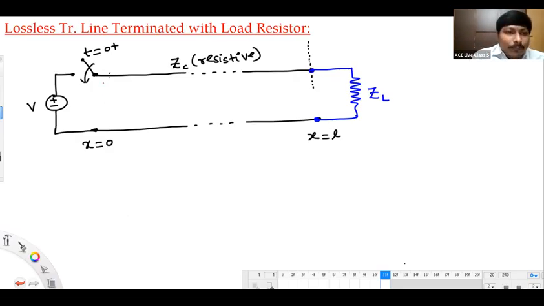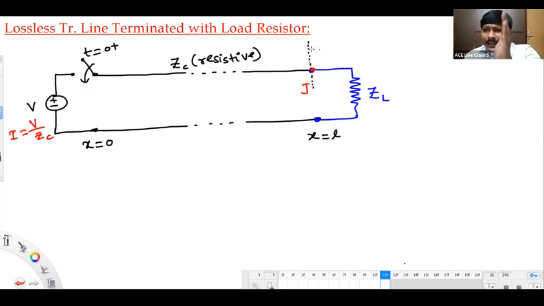So a voltage V will be developed on the line. Correspondingly, a current I equal to V by ZC will be developed on the line. That voltage V and current I will be propagated towards the end of the line. This is the point you can call the junction of line and load, or sometimes the discontinuity point.